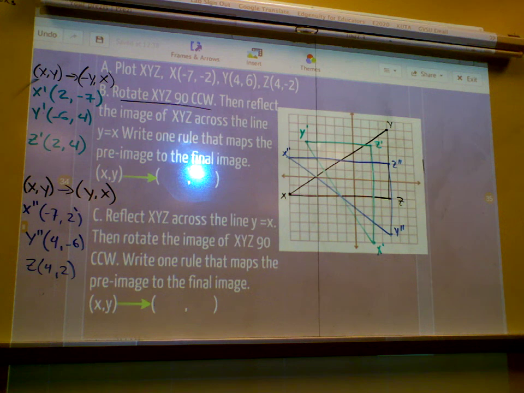So, kind of looks like a jumbled mess, right? But can you guys see the black triangle, the green triangle, the blue triangle? You guys see that?